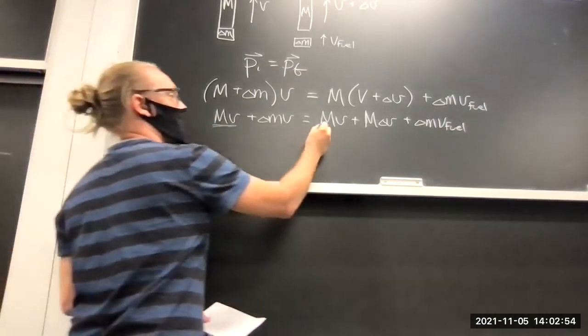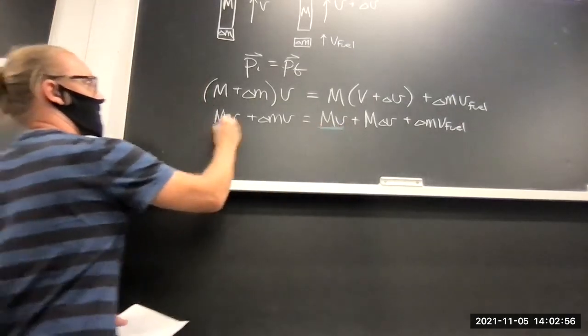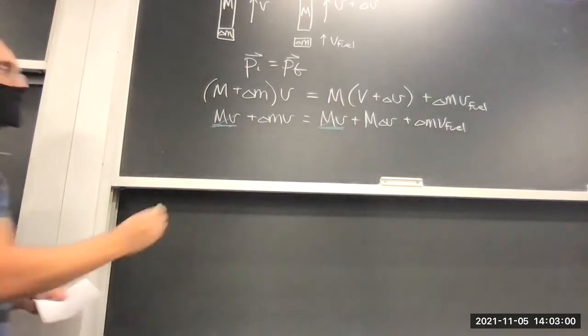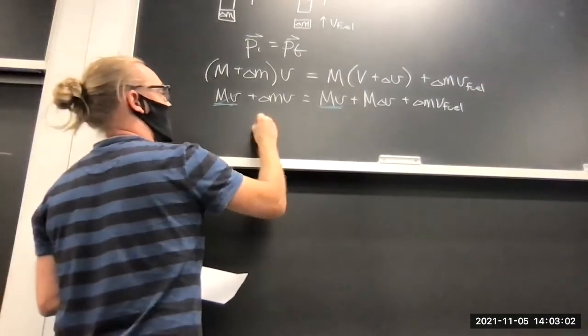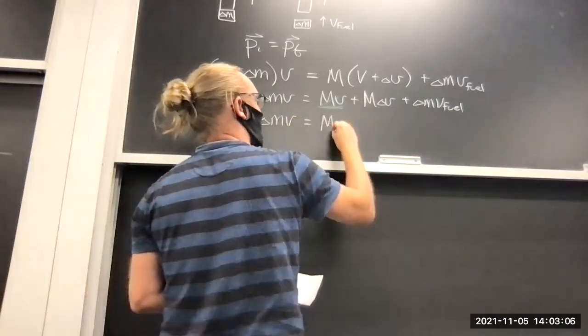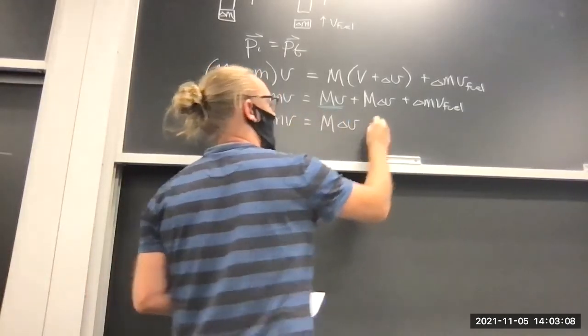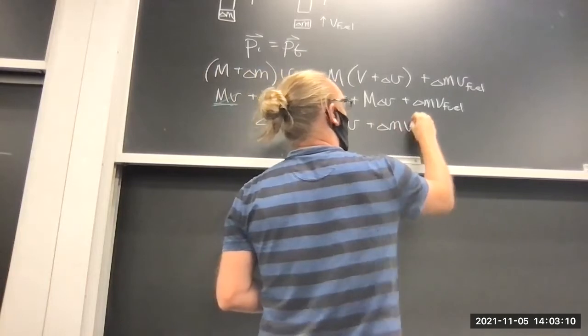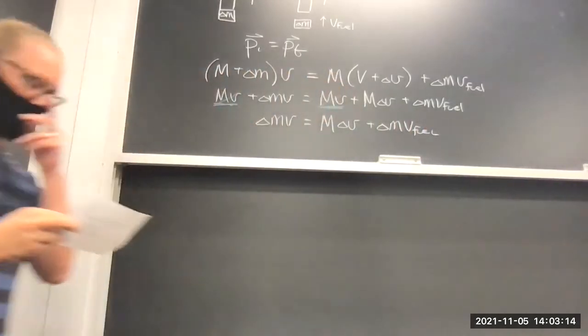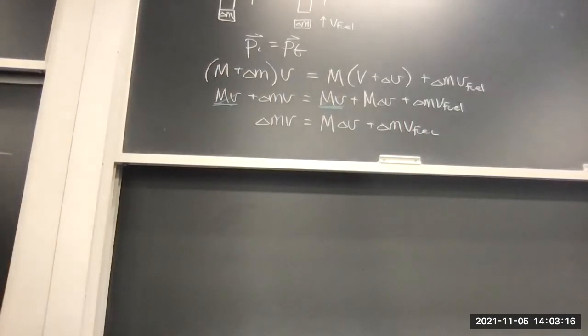So we have this one on this side and this one on this side that are the same, so that goes away. All right, so now we have delta m moving at our initial velocity times a rocket moving with this extra velocity plus a little m times the fuel's velocity. All right, have I messed up yet? No, I've not. Okay, good.